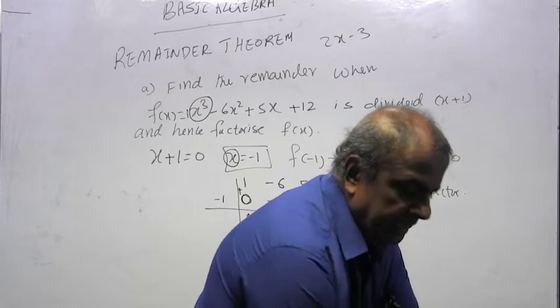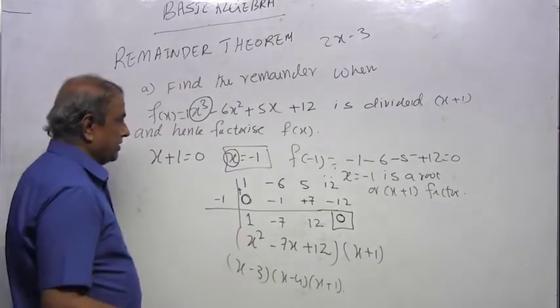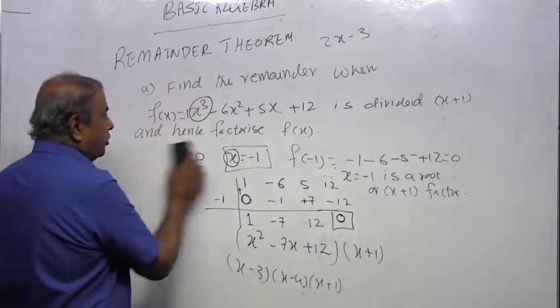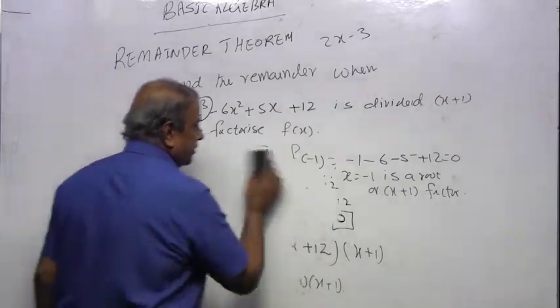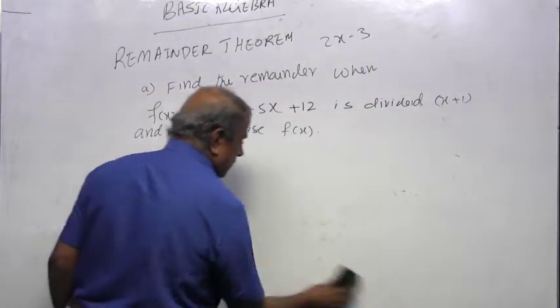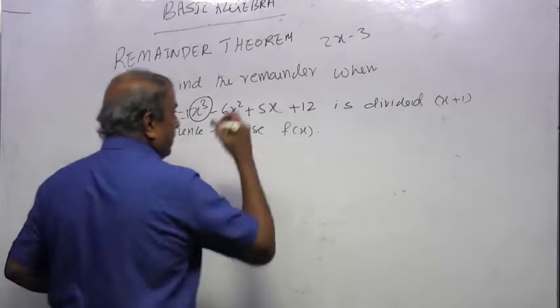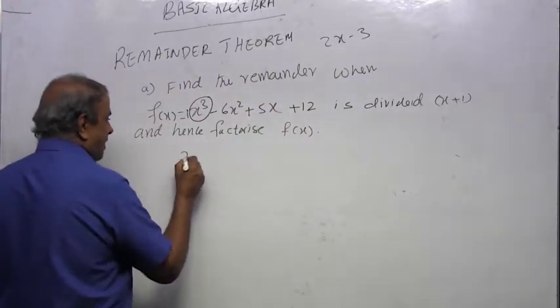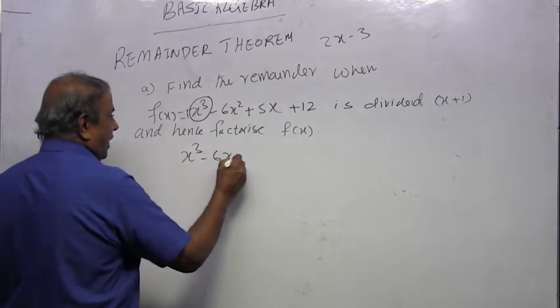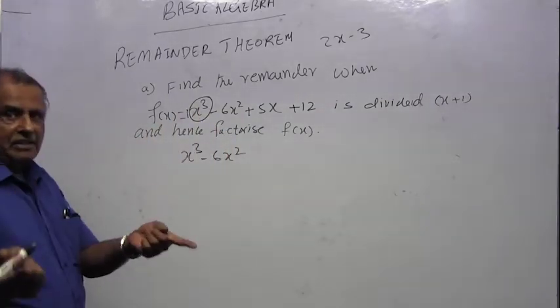Of course, in the handout, I've given a couple of examples, but I want to show you another way of doing this. Let me do this question first. So, x plus 1 is a factor, right? I taught you synthetic division.